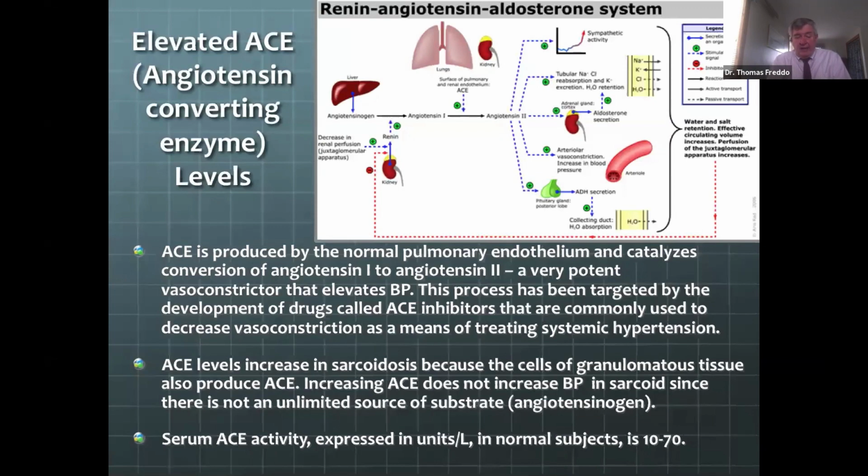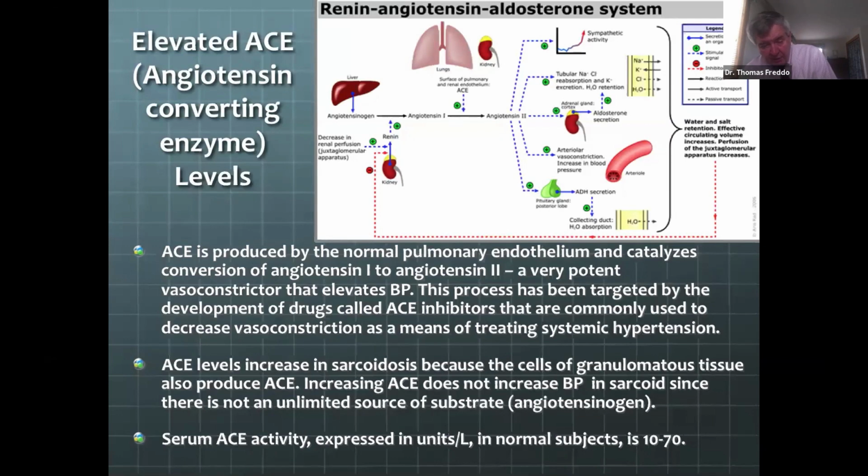In order for it to elevate BP, it has to have a large supply of its substrate. And there is not an infinite supply, thankfully, of angiotensin I around. And so even though you've got an abnormally large amount of ACE, it can't produce elevated blood pressure because you don't have an equivalent and equally inexhaustible supply of angiotensin I. You just have an excess of ACE hanging around.